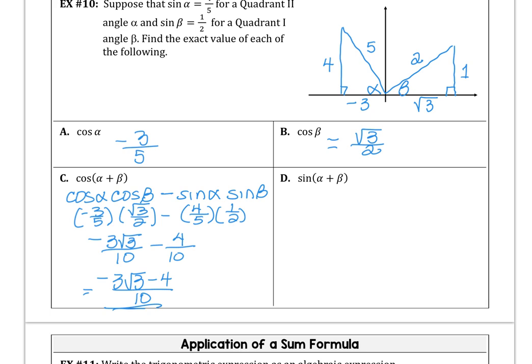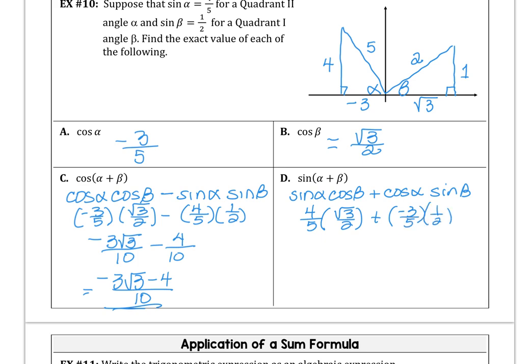On part D, we're doing sine of alpha plus beta. So the pattern is sine, cosine, plus cosine, sine. Sine of alpha, cosine of beta, plus cosine of alpha times sine of beta. 4 square roots of 3 over 10 minus 3 over 10.